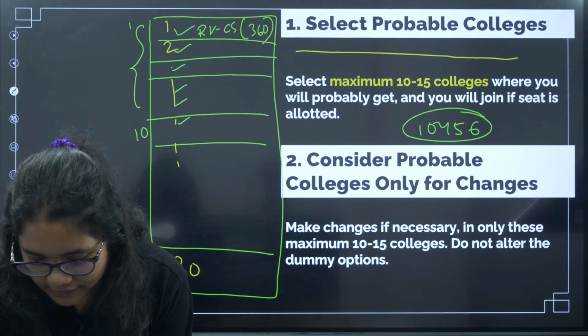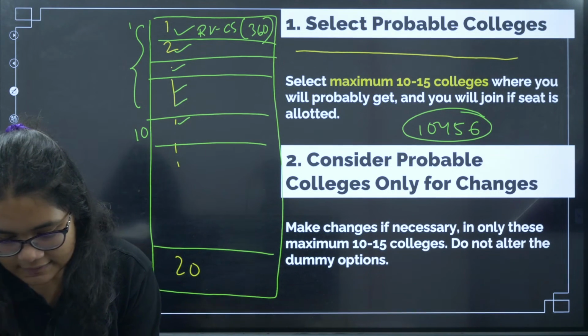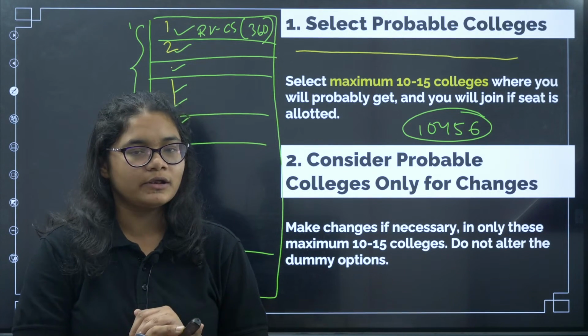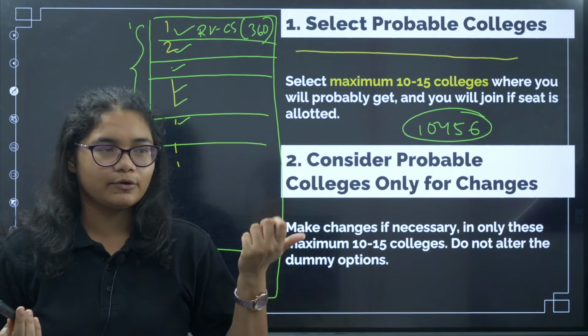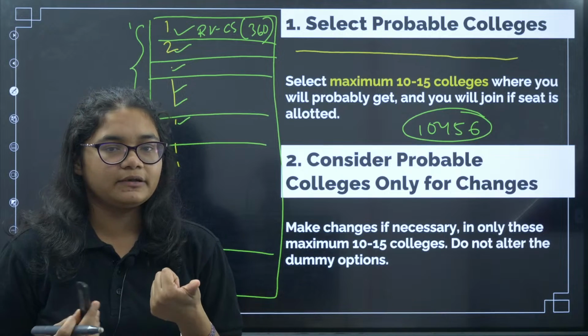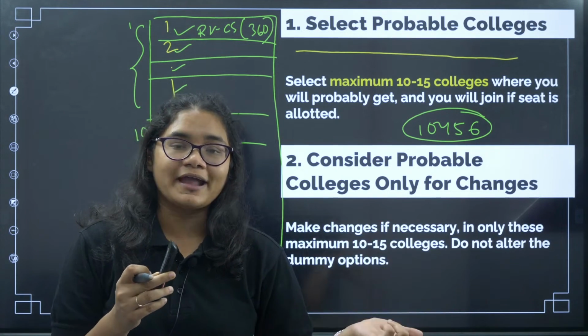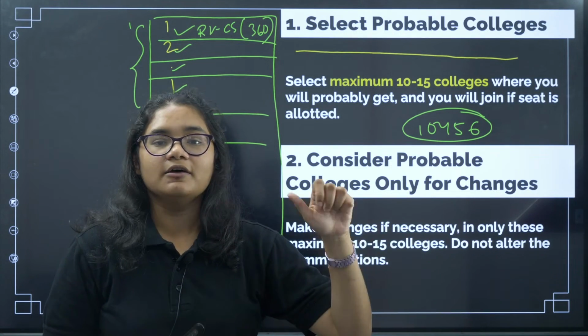Which is best, PES CS or BMSC CS? See here, PES and BMSC, both are very good colleges. You need to check different parameters about the college: the placement records, the infrastructure facilities, the faculty there, and especially for the course that you are taking, what research fields are available.